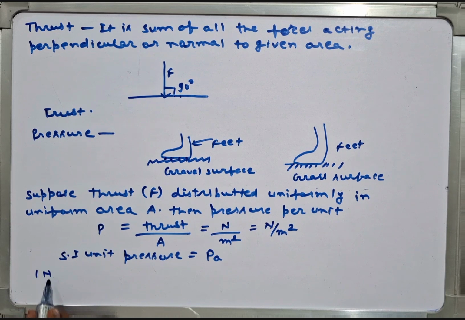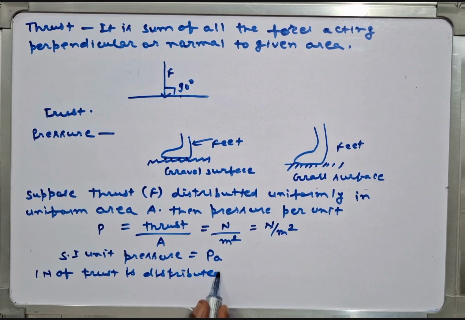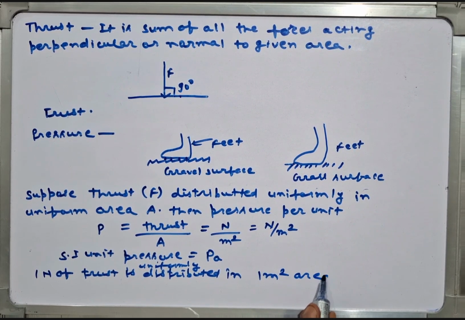If 1 Newton of thrust is distributed uniformly over 1 meter square area, then force 1 Newton by 1 meter square gives pressure equal to 1 Newton per meter square, or you can say 1 Pascal. So the unit of pressure is the Pascal.